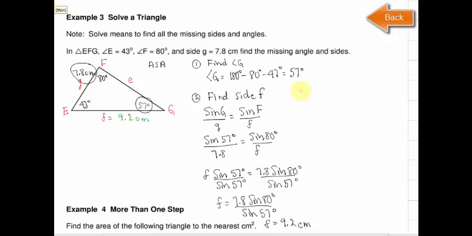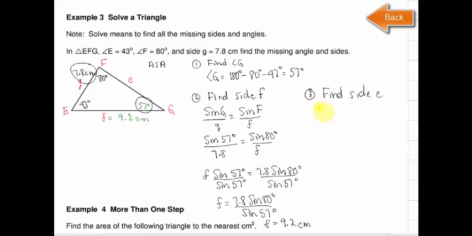Okay, and the last thing we're going to do is find our last missing item, which is side E. And we have lots of information we can use now. I can use sine of G over G or sine of F over F. And I will go with G because that's probably the most accurate information.